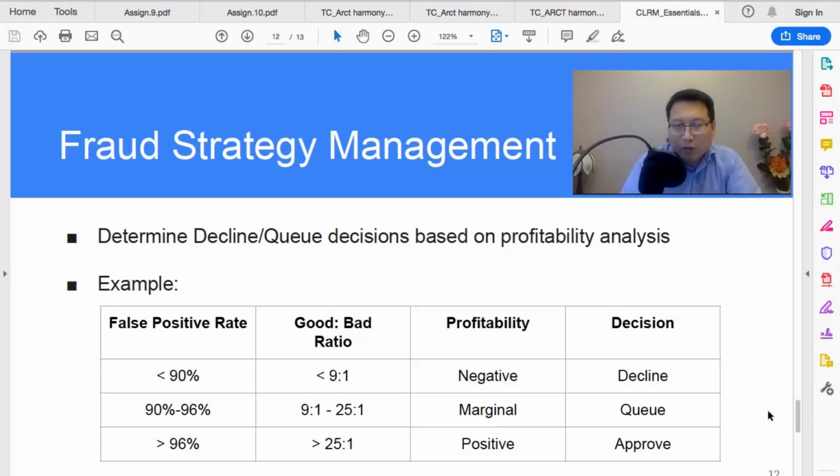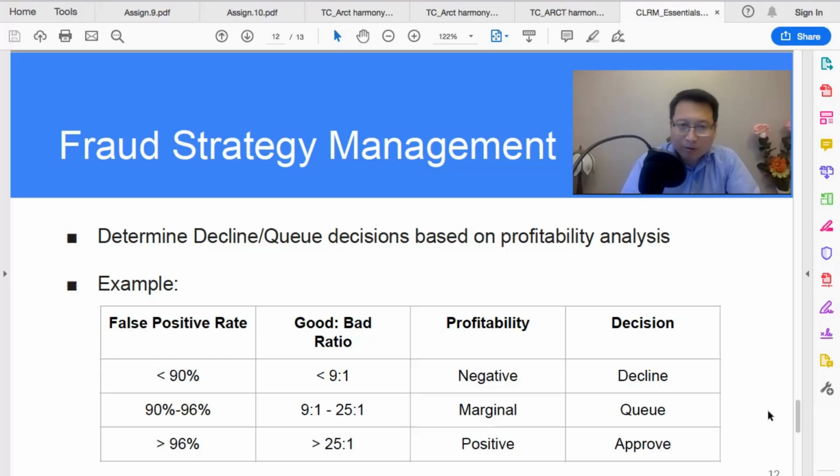So for these marginal applications, where some are good, some are bad, but still marginally profitable, you can refer all of them, or you can approve them but still assign someone to review them. Maybe you can still capture 2 or 3 bad guys from there, and you still save quite a bit of money. The last scenario in this example is a false positive rate greater than 96%.